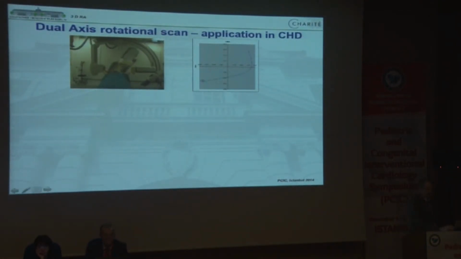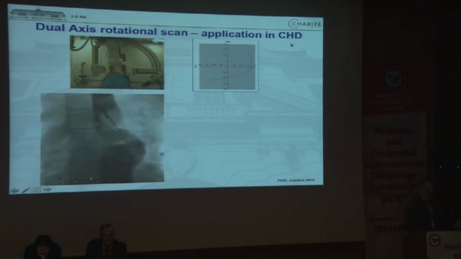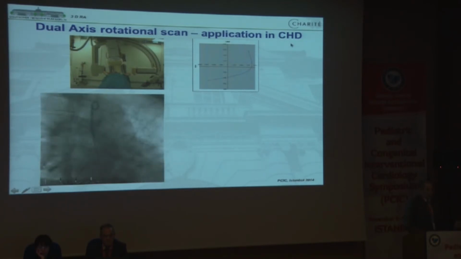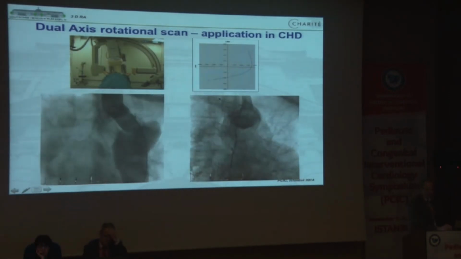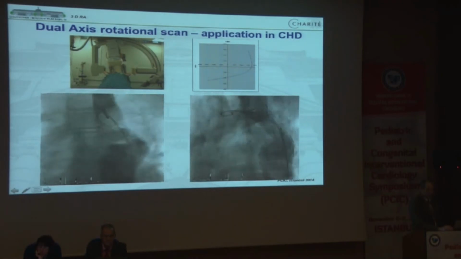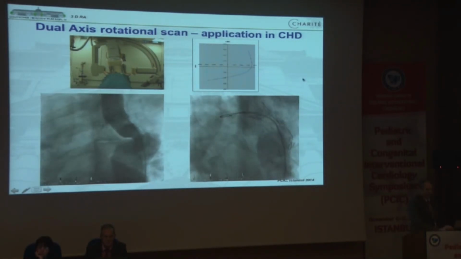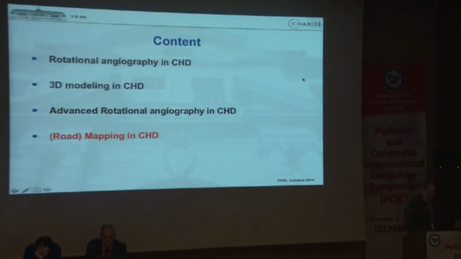You see that is a rotation from the RAO caudal to the LAO cranial. This is the example I showed you in the first slides, an adult patient with aneurysm formation, and after a covered stent graft implantation, which you can see here, you can easily check the result afterwards with the same projection.